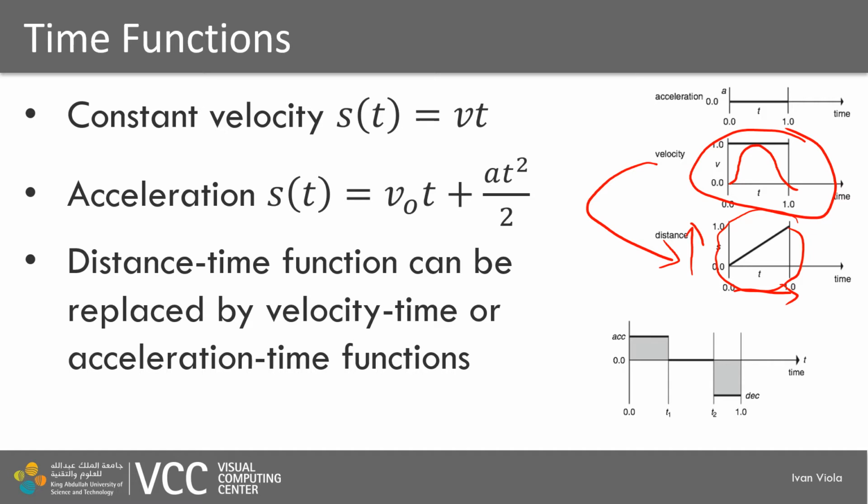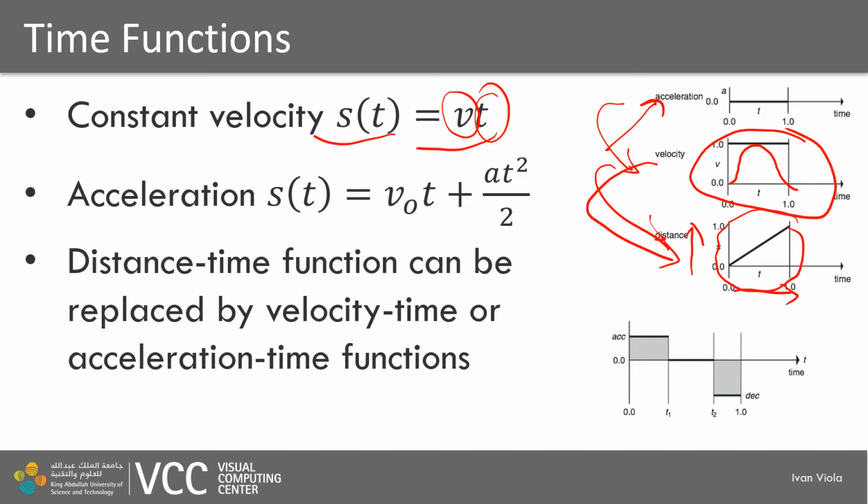Or sometimes we are interested in defining not the velocities, but actually accelerations. From that, we would need to compute the velocity first, and from the velocity, we would need to compute the distance. As we know from physics, for a constant velocity the distance can be calculated as the velocity times time.